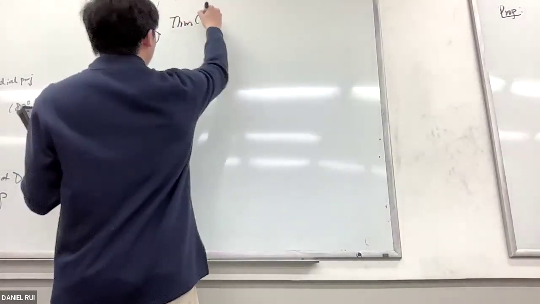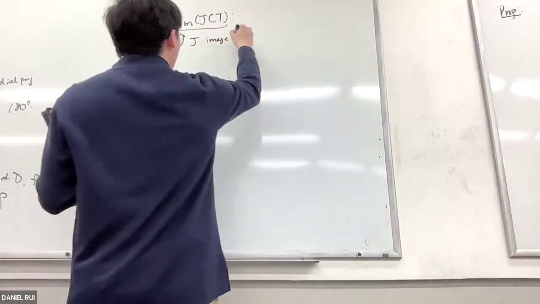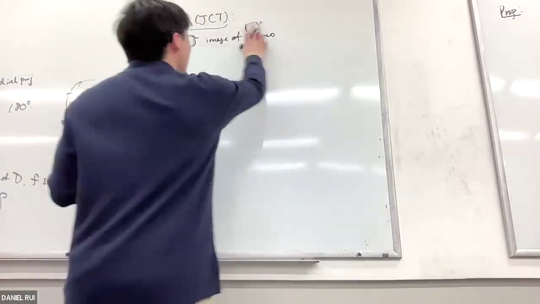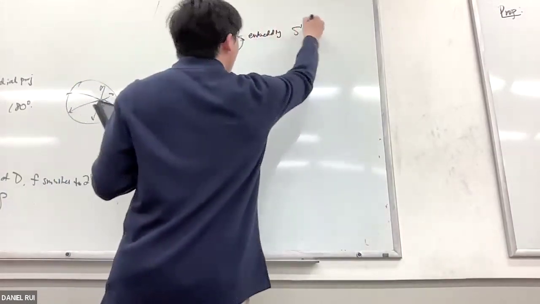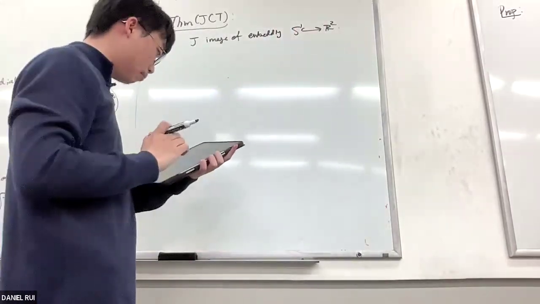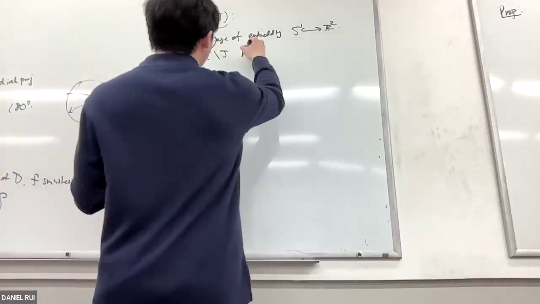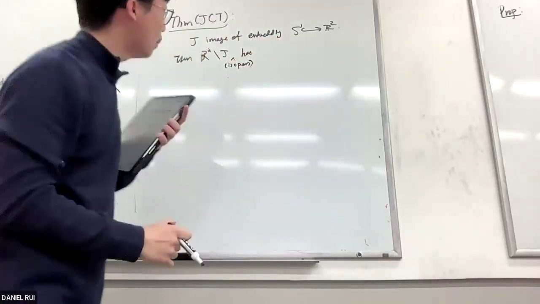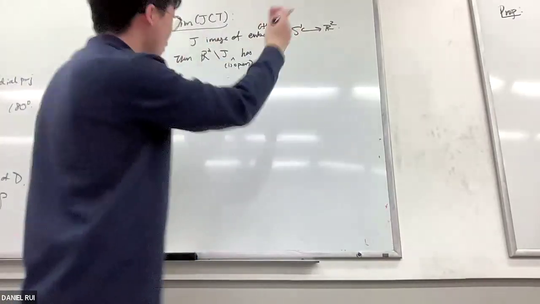Theorem, Jordan Curve Theorem. Suppose J is the image of a homeomorphism, or an embedding, I should say, of S1 into R2. So J is the image. Then R2 minus J is open, obviously: S1 is compact, the image of a continuous function is compact, so the complement is open.